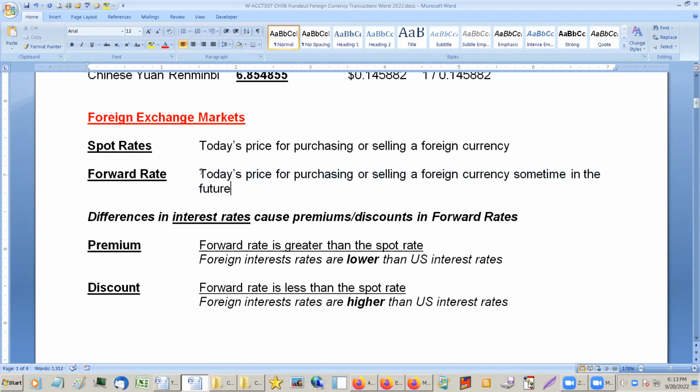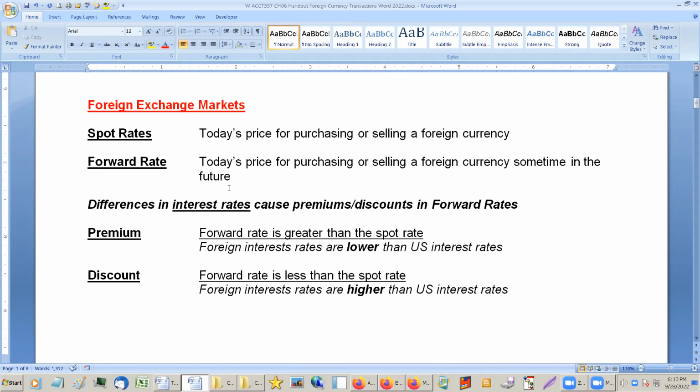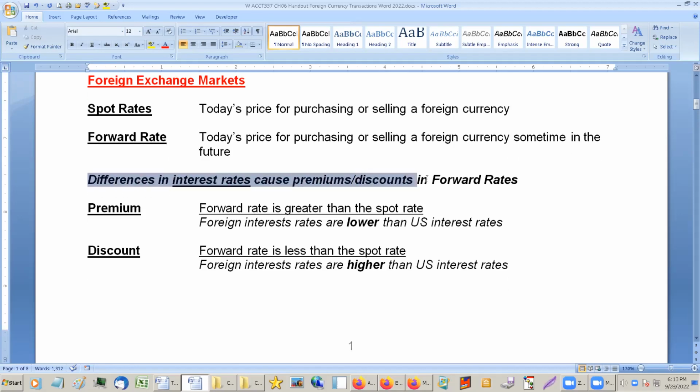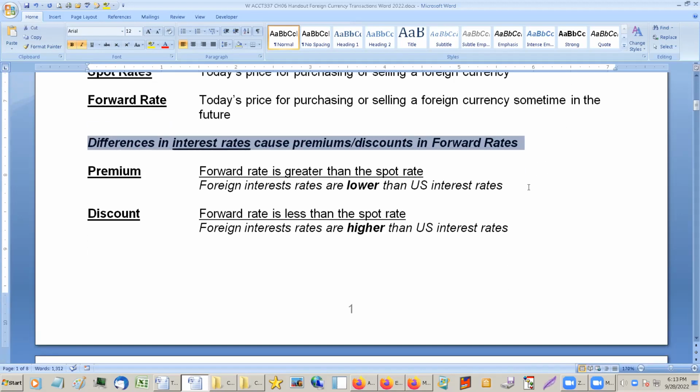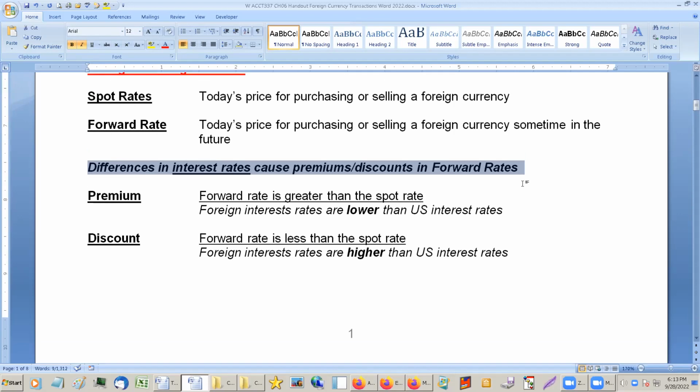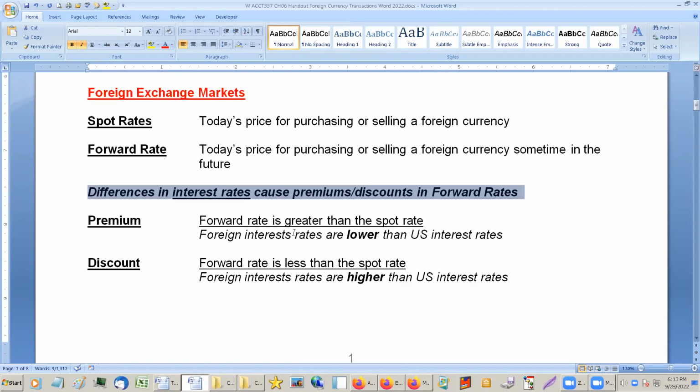So they have a forward rate, by the month and all that kind of stuff throughout the year, and they may go up or down. The big differences between them are the interest rates. Interest rates in different countries will drive whether the exchange rates go up or whether they go down.